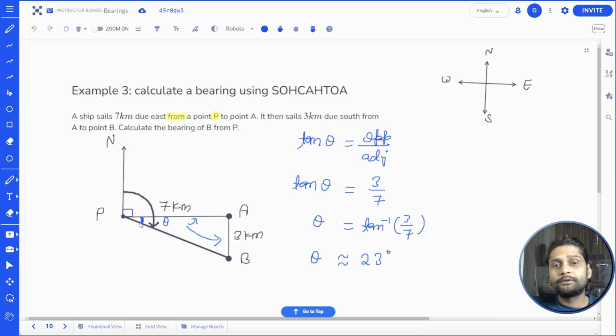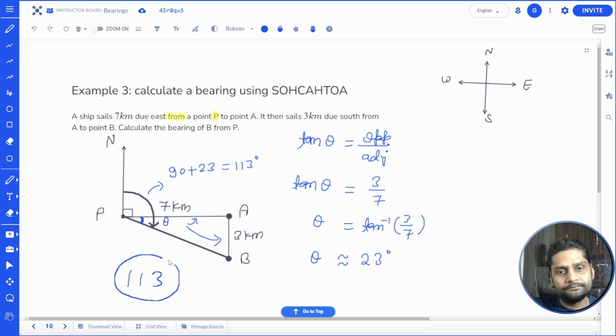The answer is not going to be 23 because we want this complete angle, and that's going to be 90 plus 23, which is 113 degrees. So the bearing of point B from P is 113 degrees. That's your final answer.